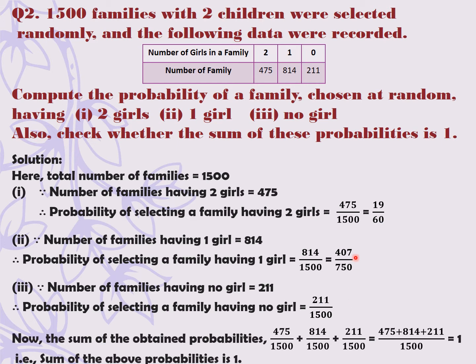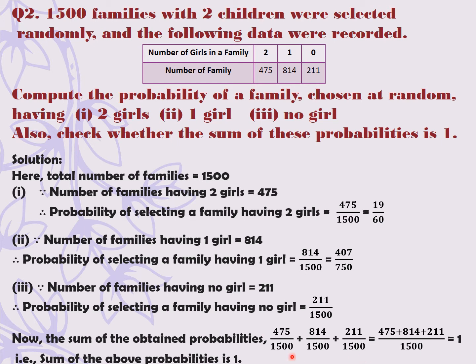Now we have to show whether the sum of the probabilities is 1 or not. As we have discussed in the previous video, the total sum of the probabilities will always be unity, or 1. Hence we can say that the total probability out of all these 1500 families would be 475 by 1500 plus 814 by 1500 plus 211 by 1500, because these are the probabilities of having 2 girls, 1 girl or no girl.